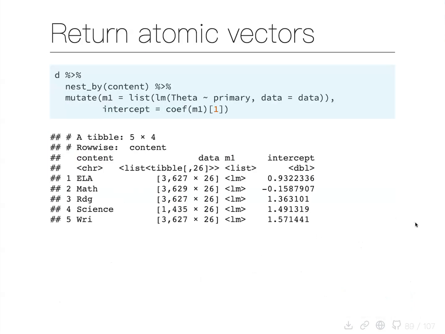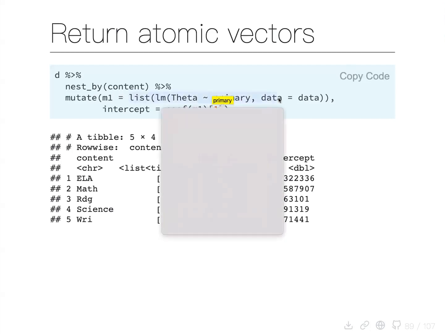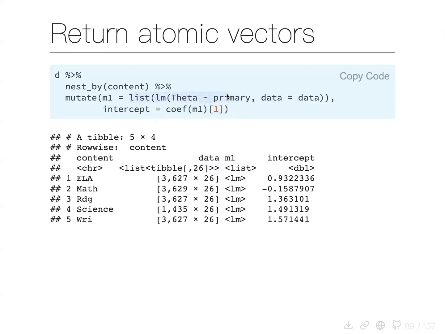Well, we might want to return something of length 1, right? So here I'm saying, okay, give me just the intercept. I have M1 here, which is just my list, right? My list with all my models. And then I'm saying intercept is equal to coef of M1. So that's this one, right? Getting the coefficients from there.